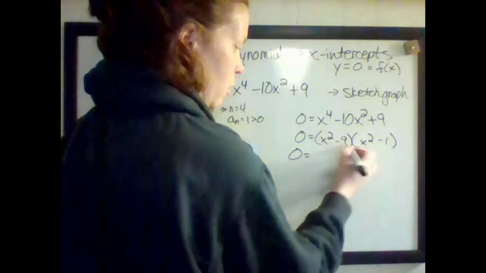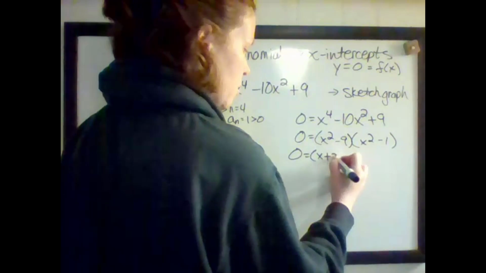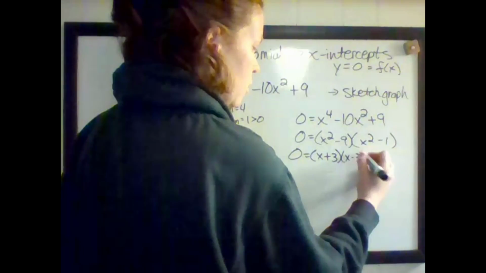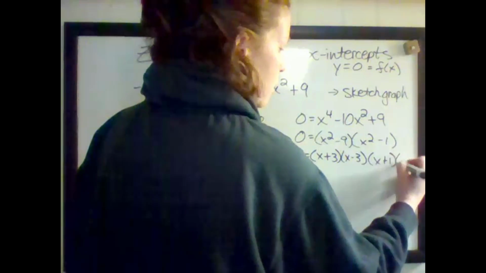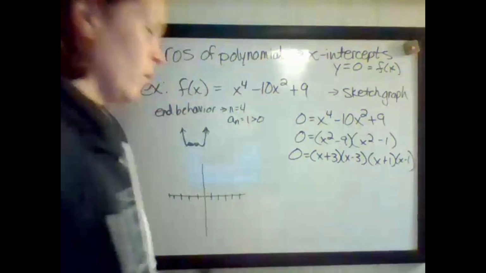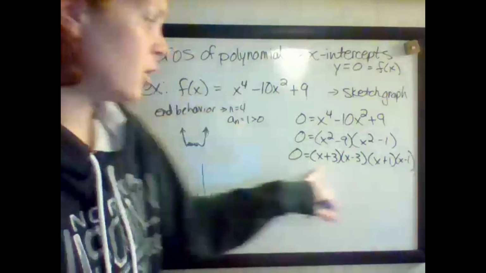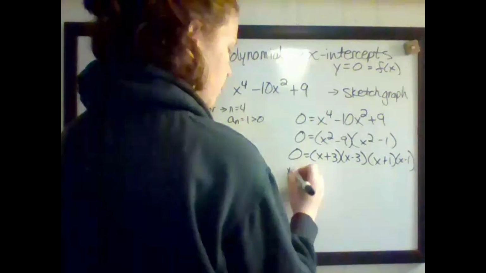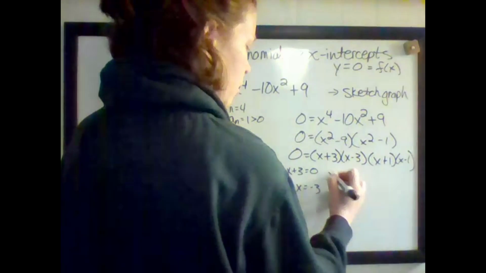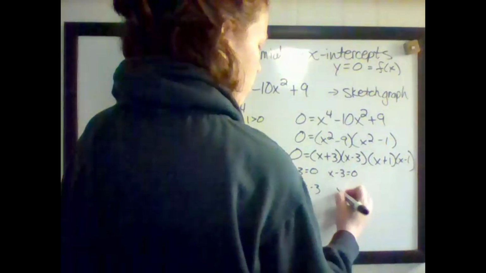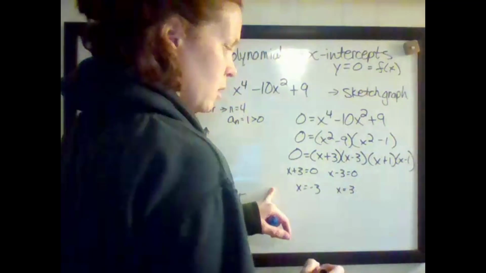Now I'm going to go further. Break this down to x plus 3, x minus 3. And then let's factor x squared minus 1, break that down to x plus 1, x minus 1. So if I set each of these equal to 0, x plus 3 equals 0, means x is going to be negative 3. X minus 3 equals 0, means x is going to equal 3.